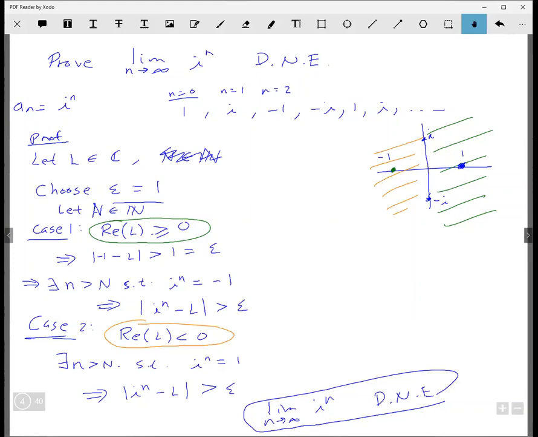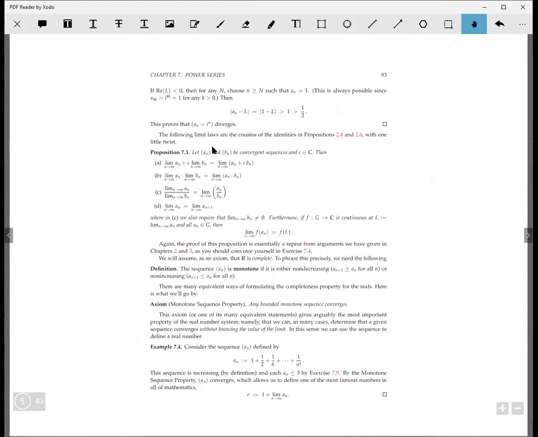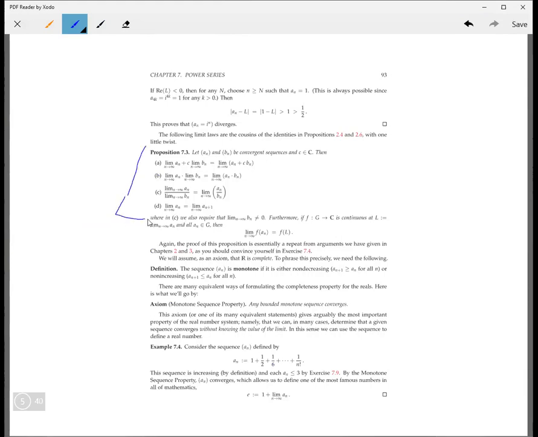Okay, so let's move on. You have this proposition about limits, which is pretty straightforward. So here, this is multiplying by a constant, and also adding, and then this is multiplying of two sequences, the quotient, and then also n plus 1.